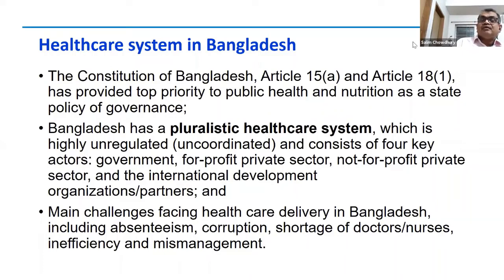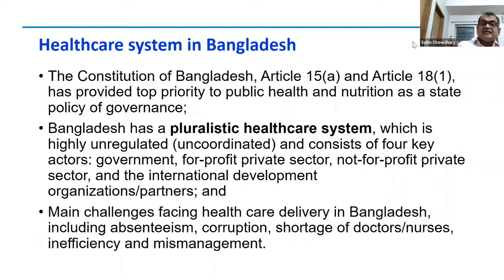Bangladesh has a pluralistic healthcare system, but unfortunately it is unregulated, or I will say an uncoordinated mechanism is there. The service is provided by four key actors. One is the government, then for-profit organizations, and non-profit organizations, that is NGOs and foundations, and then international development organizations and partners.